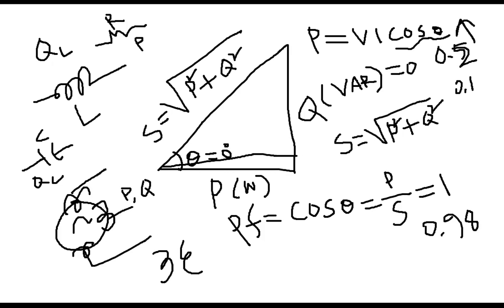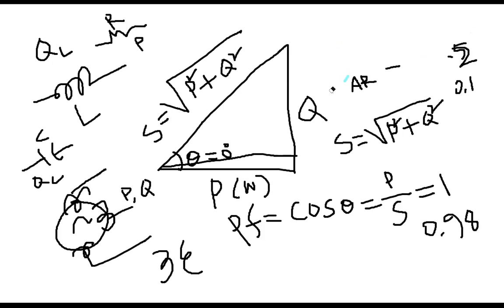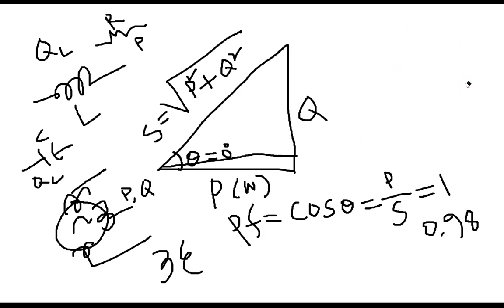Therefore, just let me clean up this one. So for example, everybody see, you have a series circuit, and you have R, you have L, and you have C. This is R, this is L, this is C. Everybody go back to the circuit knowledge.